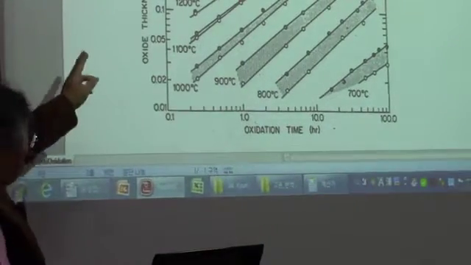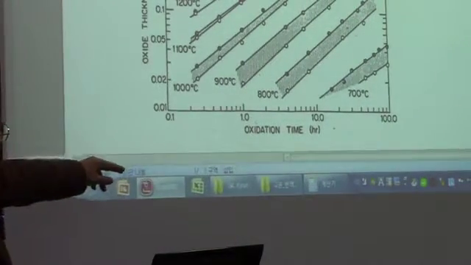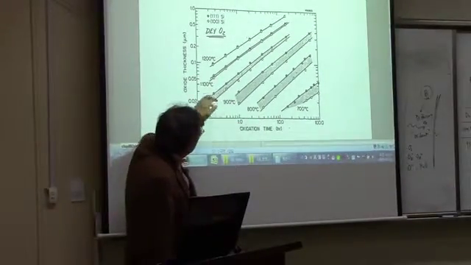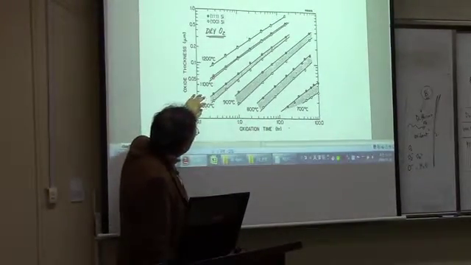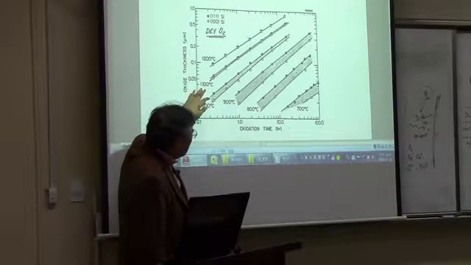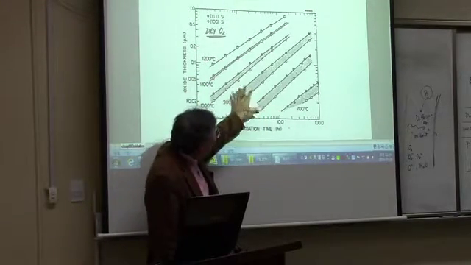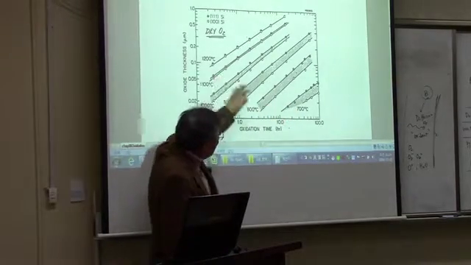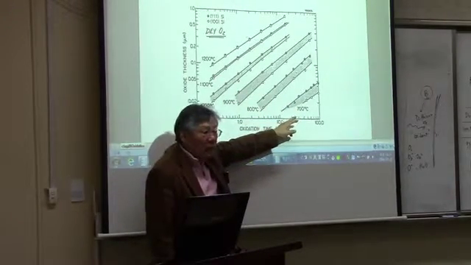The oxide thickness versus oxidation time. And you can see at the different temperatures, the oxidation rate along the crystallographic directions is very much different as you go down to the low temperature.